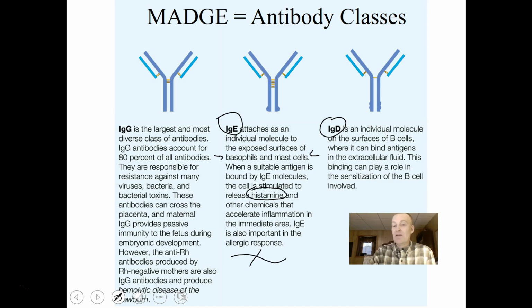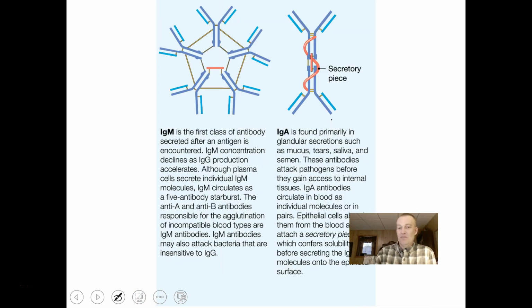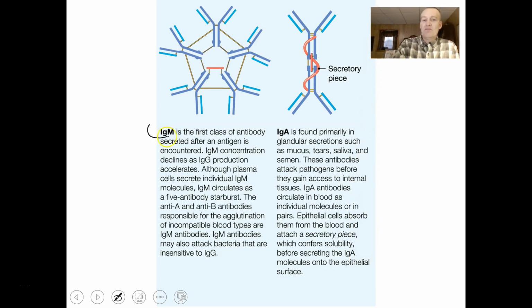So IgD antibodies basically play a role in the sensitization of B cells. They sit on the surface of B cells and activate B cells. IgM antibodies are often the first antibody secreted when any antigen that we're exposed to comes into the body.